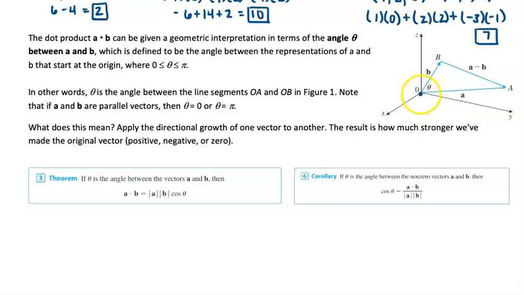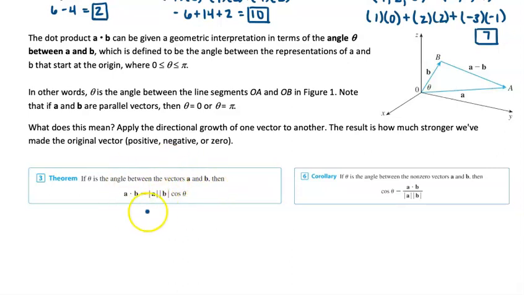However, if we say that 2 vectors are coming from this origin here, we've got an A, we've got a B, then the angle between them is theta. Then we can say that the dot product of A and B is equal to the magnitude of A times the magnitude of B times the cosine of theta.